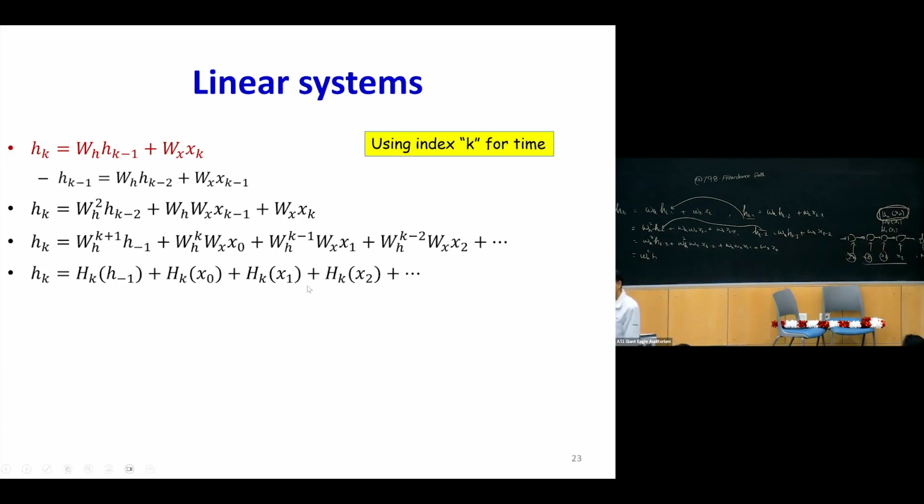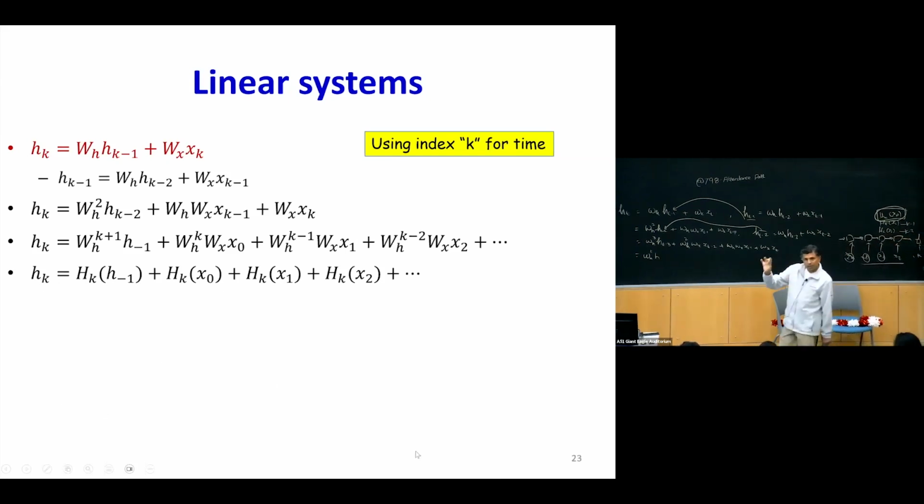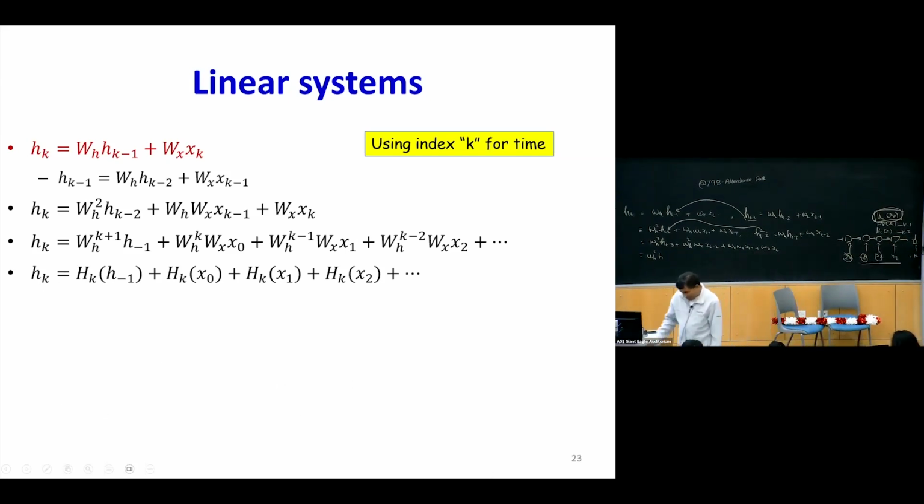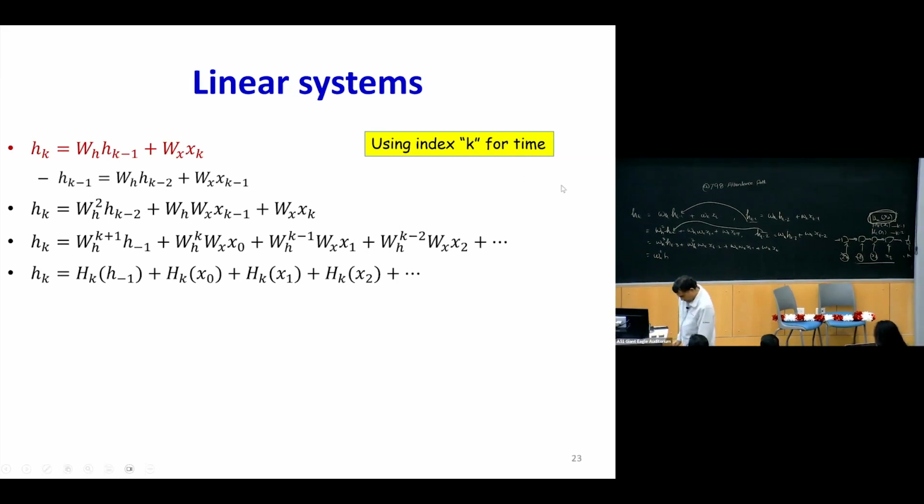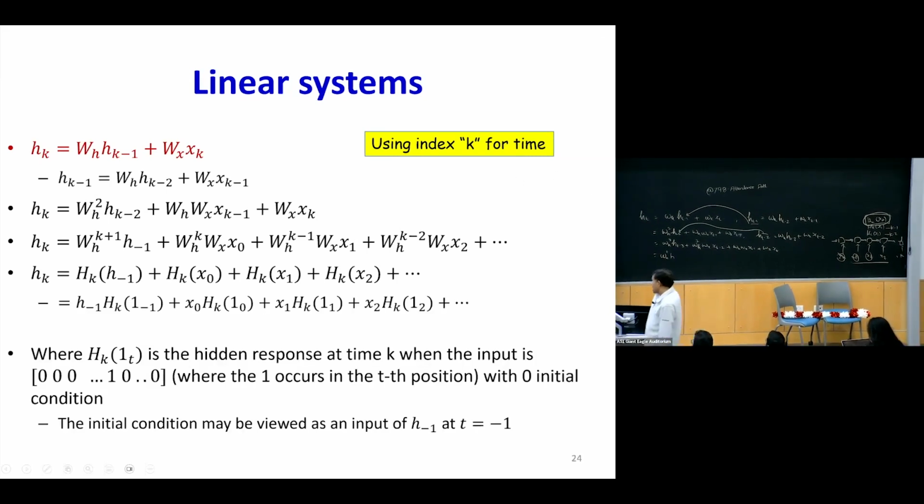If the response has blown up after k minus 2 steps, it's definitely blown up after k steps. So I just need to analyze this to find out if there has been any blow up at any point. Is that making sense to everybody? So I will just focus on this first term and see how it behaves.